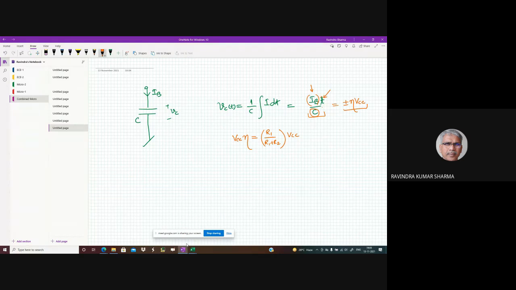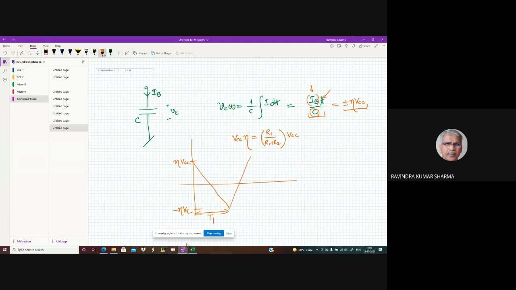So therefore you can find out, it starts from here and goes up to here. Starts from where? Plus eta VCC and goes down to minus eta VCC, and this is the time T1.